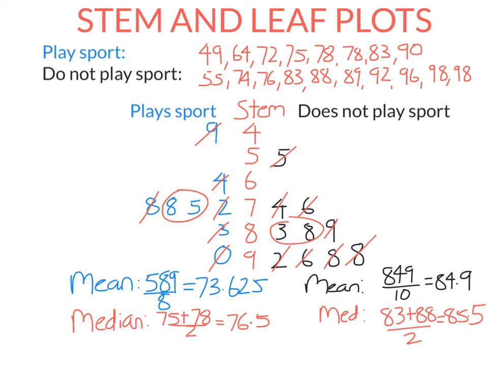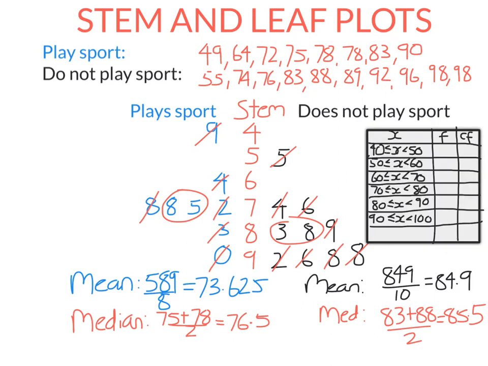I'm just going to put this does not play sport group in a grouped frequency table, just to show you. If I were going to draw a grouped frequency table, we have all the scores in the 40s, all the scores in the 50s. Remember the way we read something like this? X is between 60 and 70. It includes 60, but not 70. So the frequencies: there were none in the 40s, 1 in the 50s, 2 in the 70s, and then 3, and then 4.